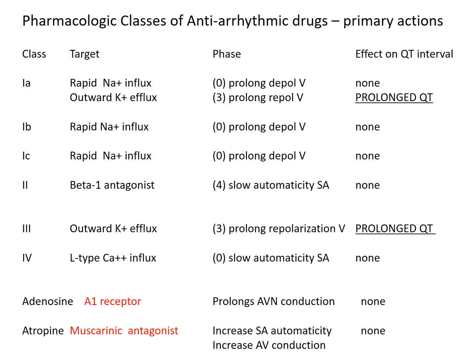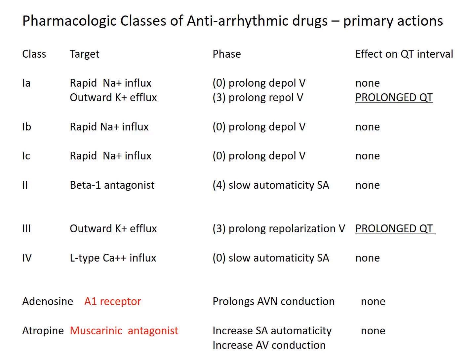Class 1s can be further subdivided into A, B, and C. And then we have 2 antiarrhythmic drugs that don't really fit into any of these classes nicely: adenosine and atropine. You can see that class 1s primarily work on sodium channels.